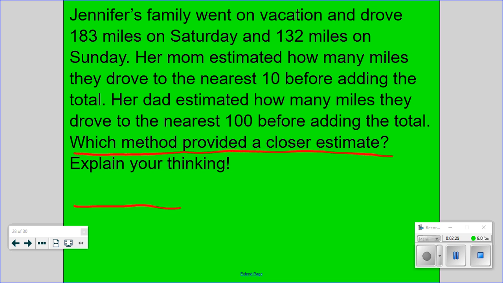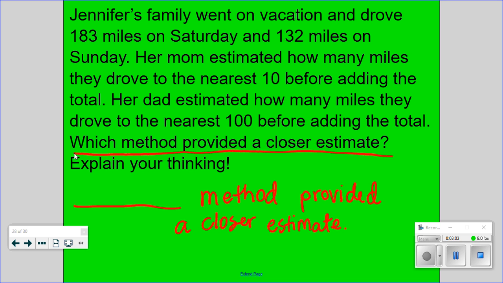This is going to be a long blank, but yes, blank method, aka strategy, provided a closer estimate. We're looking for a closer estimate. Method, I just told you, means strategy.